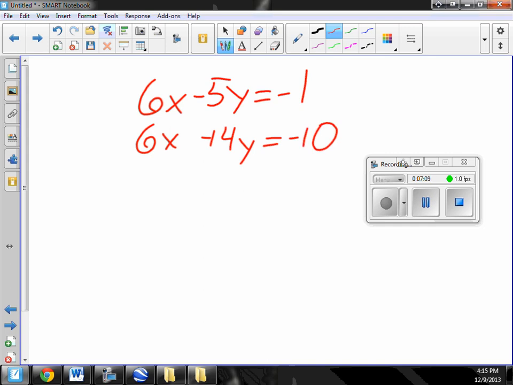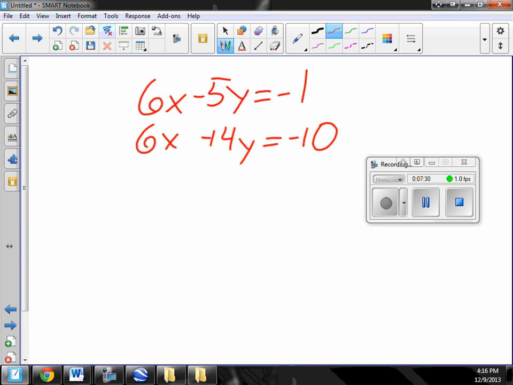The 6's are the same, but when I add them, they don't cancel because the signs are also the same. So what I need to do is change one of these equations so that the 6's will cancel. You're allowed to multiply either equation by any value as long as you multiply it all the way across.